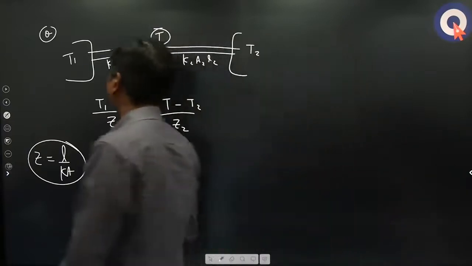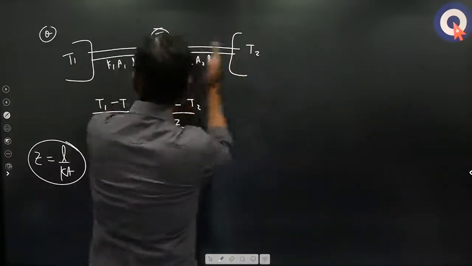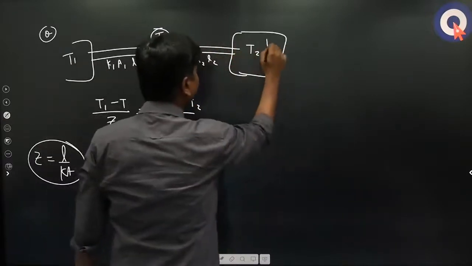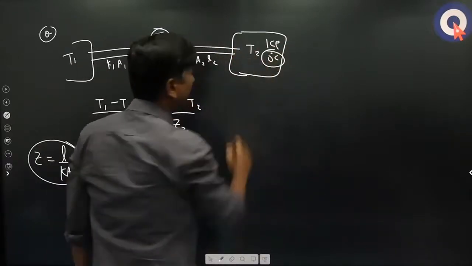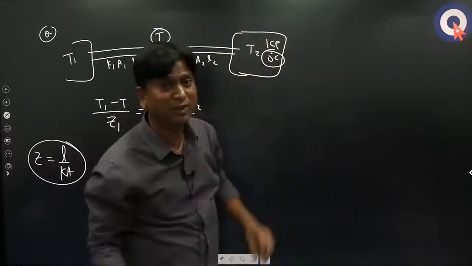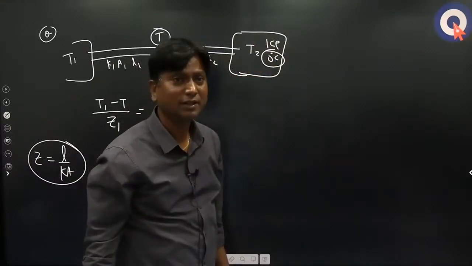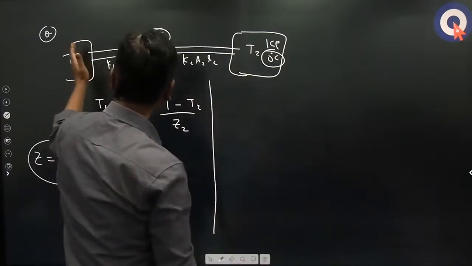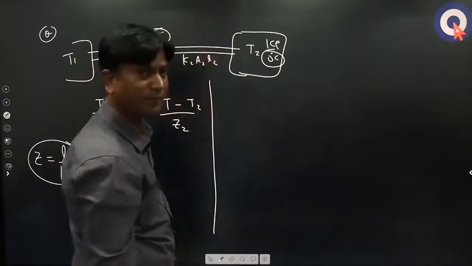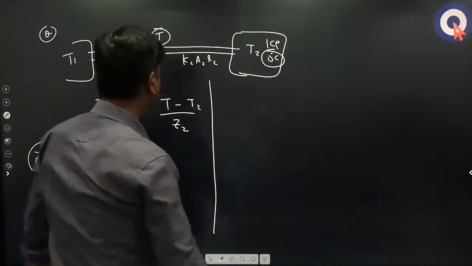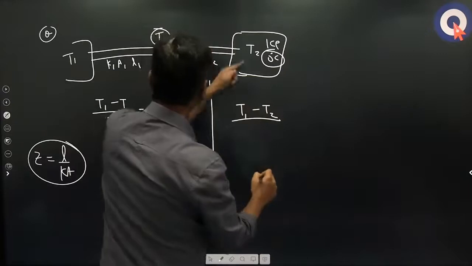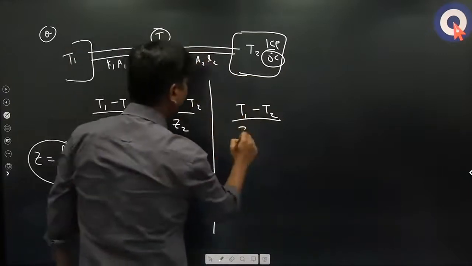Suppose I am taking ice at 0 degrees here and we are interested to find at what rate the ice will melt. The rate at which ice is melting: first you find out the rate at which heat is transferred from here to here, which is T1 minus T2, the temperature difference, by this resistance plus this resistance, Z1 plus Z2.